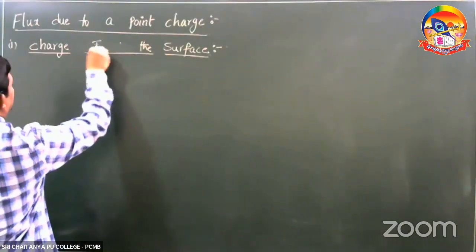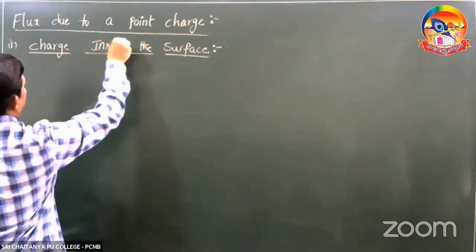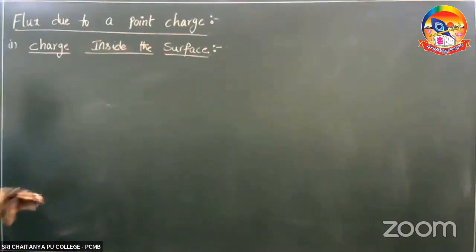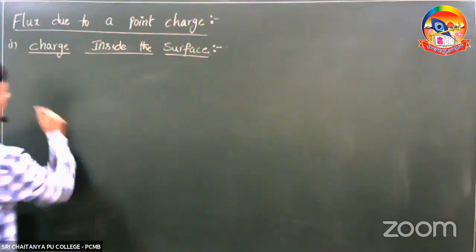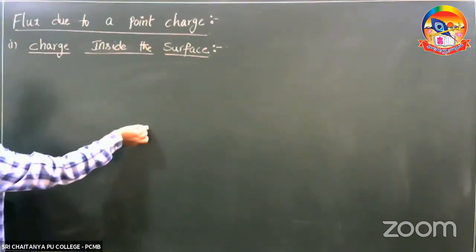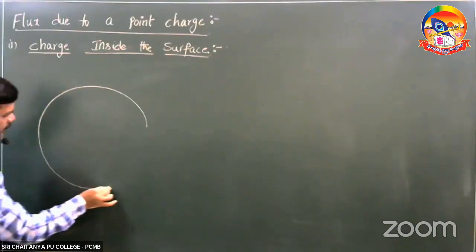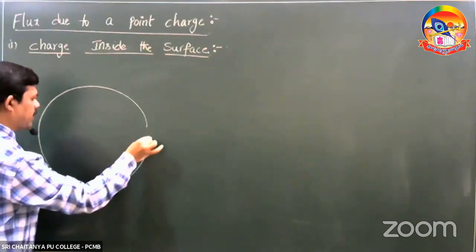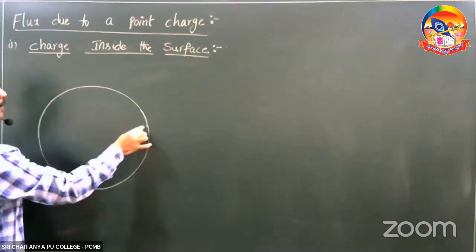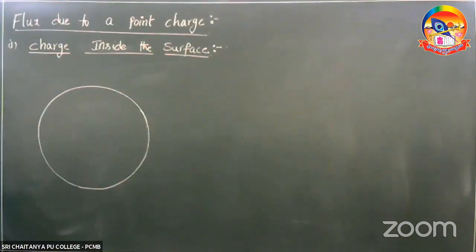Charge inside the surface. What is the flux through the surface? Well, see here. I am taking a closed surface for our convenience, in the form of a sphere, a hollow sphere.